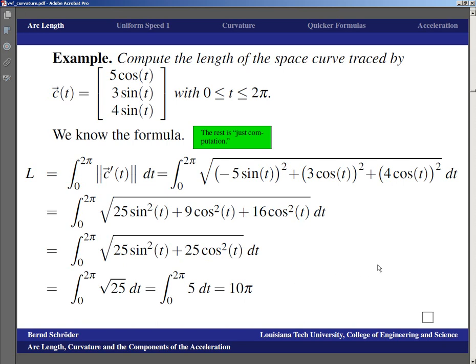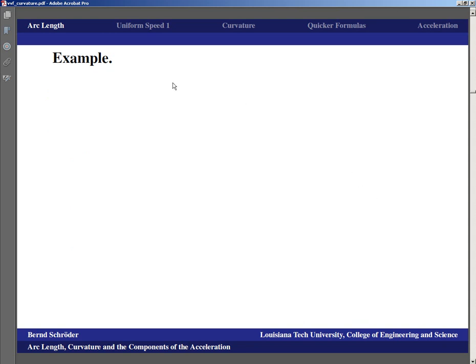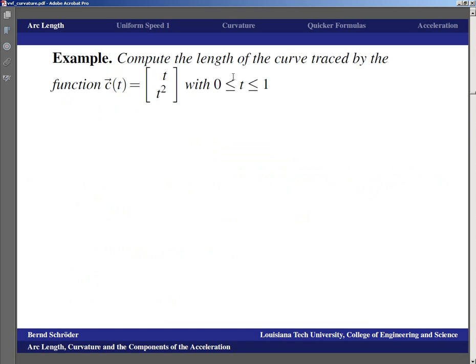Well, I said that these integrals are hard to compute. It turned out this one wasn't so bad, but notice that we had to have an awful lot of cancellations just to work out right. Much more characteristic is the following example in 2 dimensions, where we compute the length of the curve traced by the function c of t being t, t squared with t between 0 and 1.